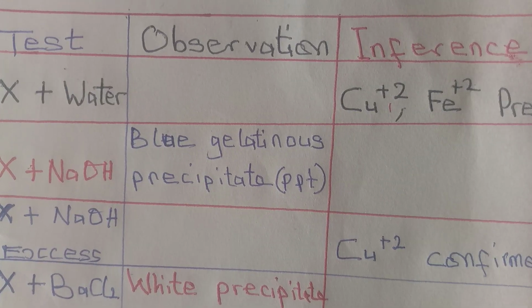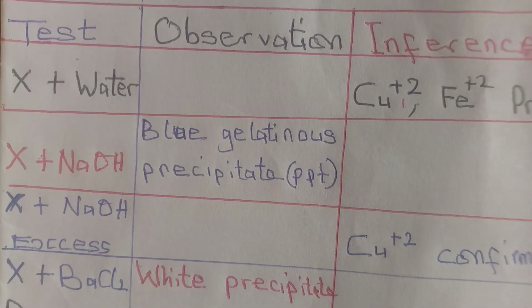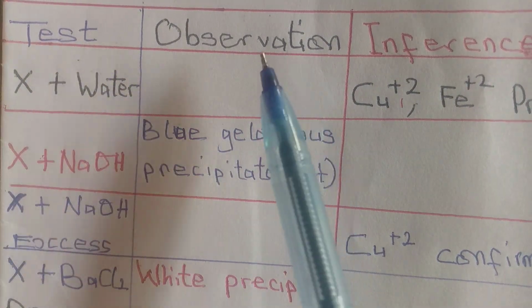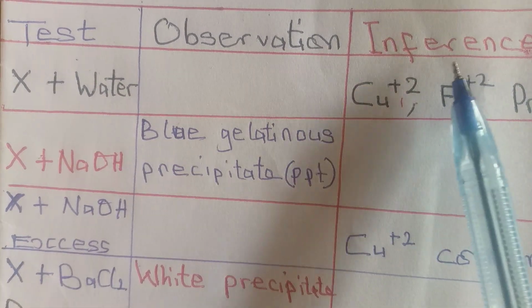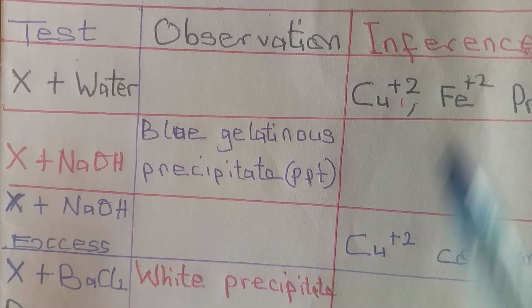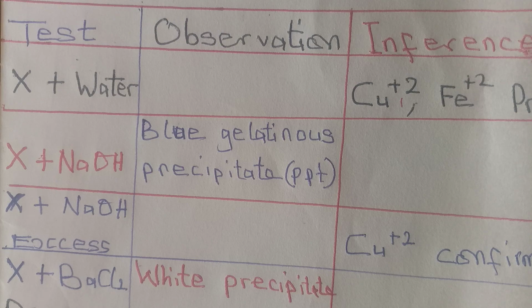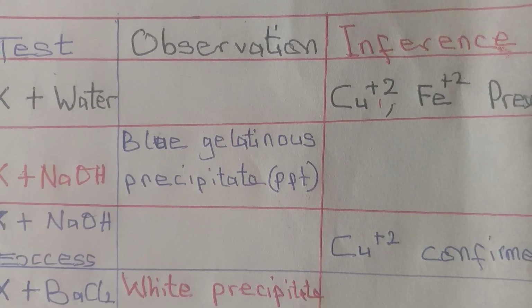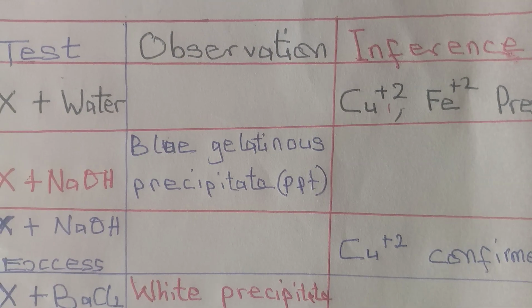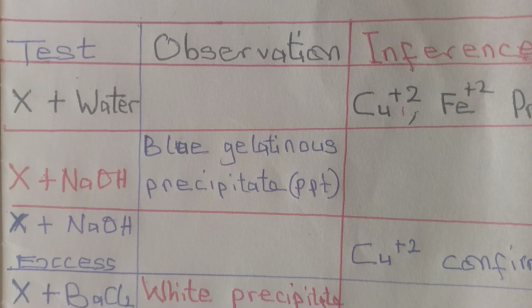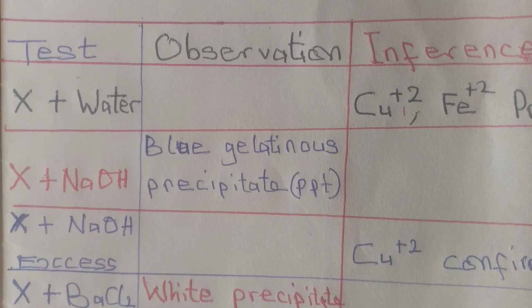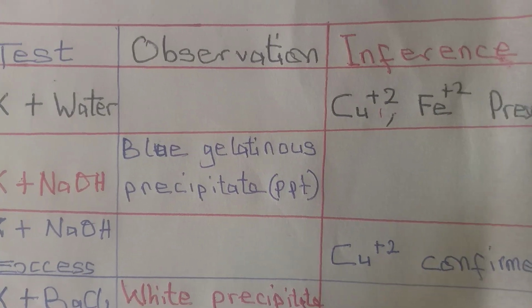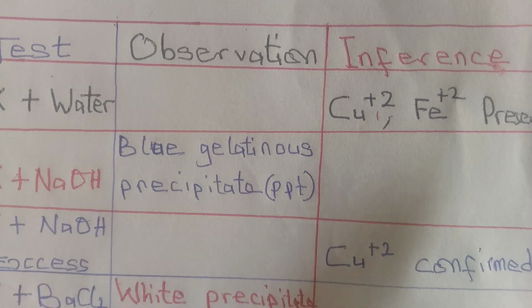Now we have the test, we have the observation, and of course we have the inference. This is how the table for salt analysis normally looks like. Let's run through the table first, then we come back and answer the questions that we are given.